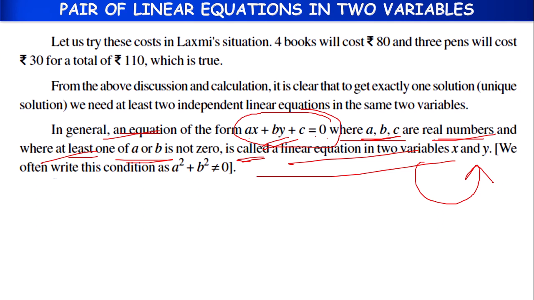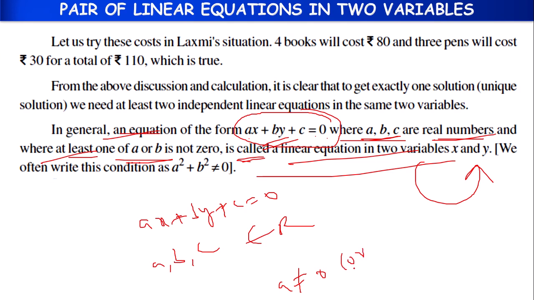Means it is in the form ax plus by plus c equal to 0, where a, b, c belong to real numbers, and a is not equal to 0 or b is not equal to 0.